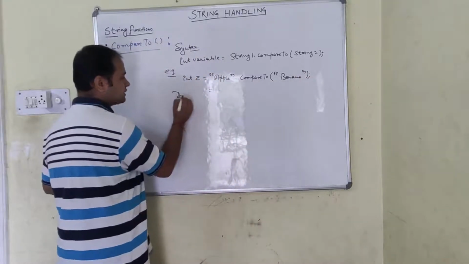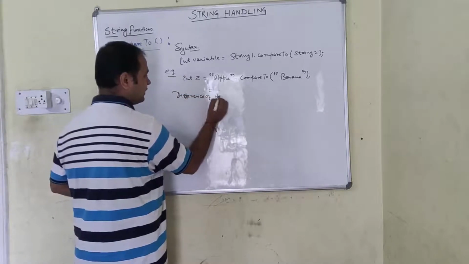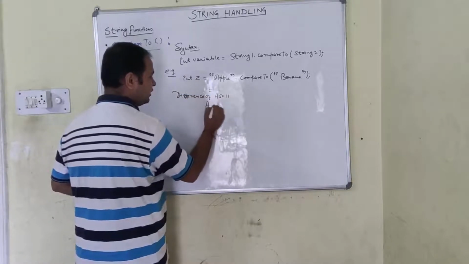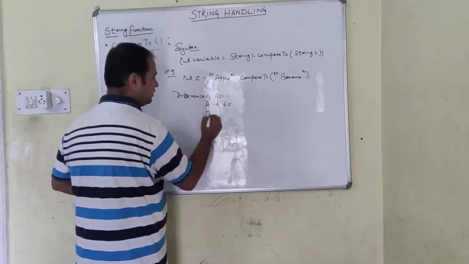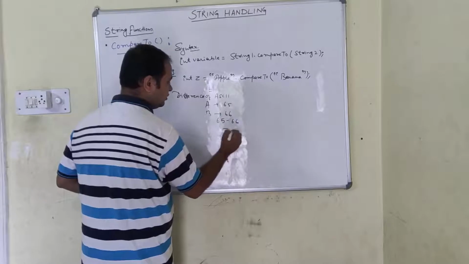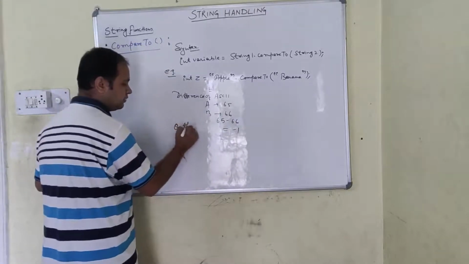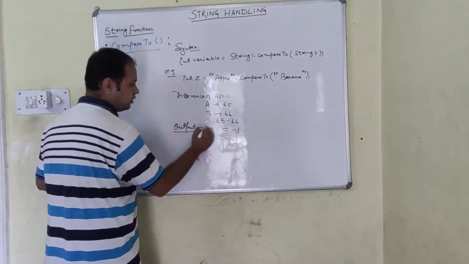A is 65, B is 66, so 65 minus 66 is -1. So the output you will get here is -1. This will be your output.